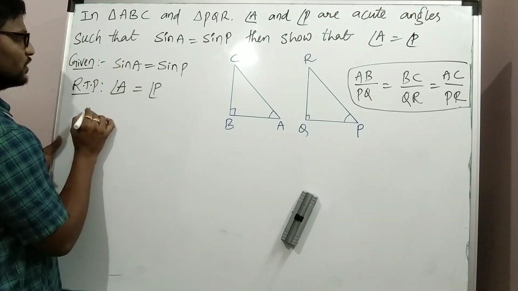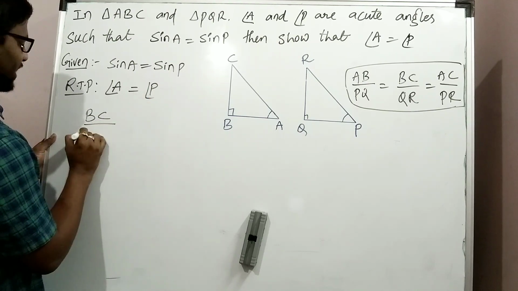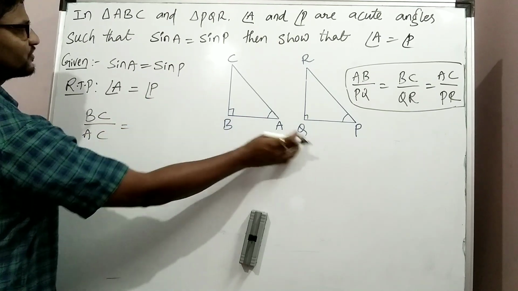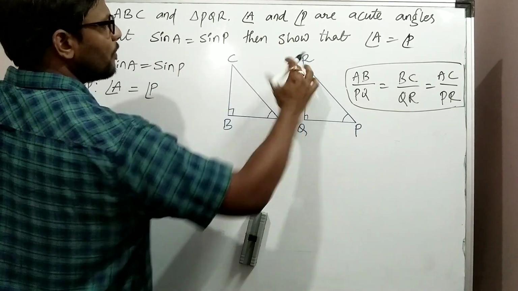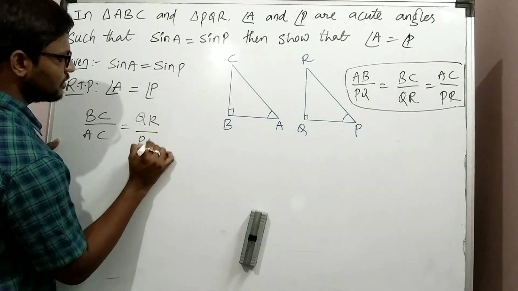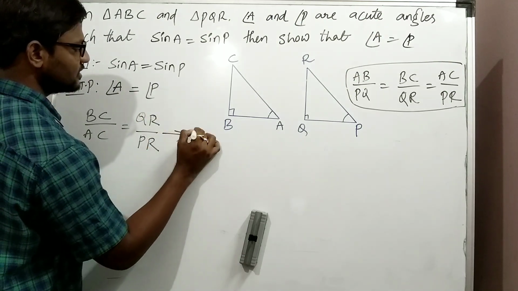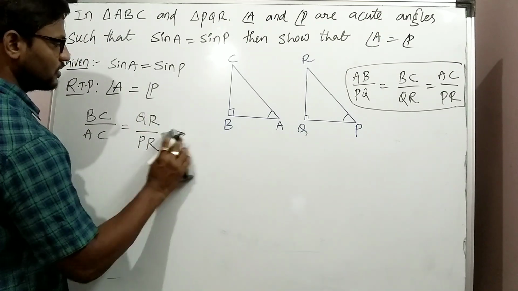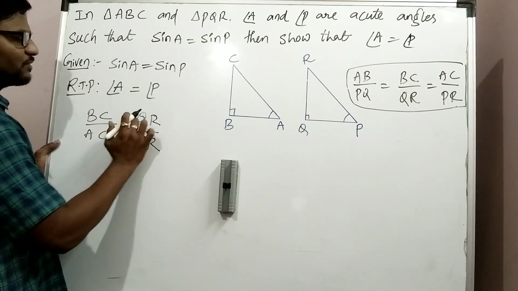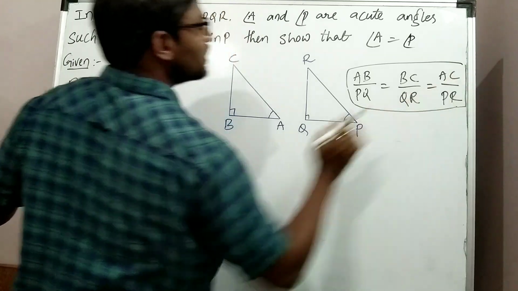So sin A equals BC by AC. And in this triangle, what is sin P? Opposite QR by hypotenuse PR. So BC by AC equals QR by PR. I am taking this as equation 1. But we need BC by QR equals AC by PR.